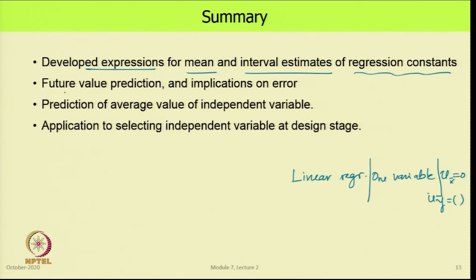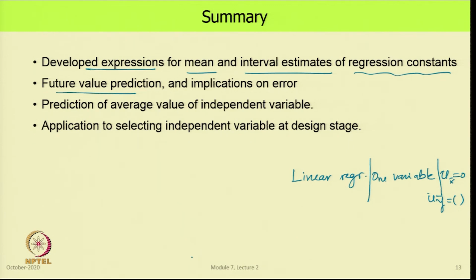Then we looked at future value prediction, that using a regression, how can I predict a value for a given value of the independent variable, what will be the corresponding value of the dependent variable, and what will be its uncertainty. And we saw that using that regression in its central portion of x values gives us the minimum uncertainty.